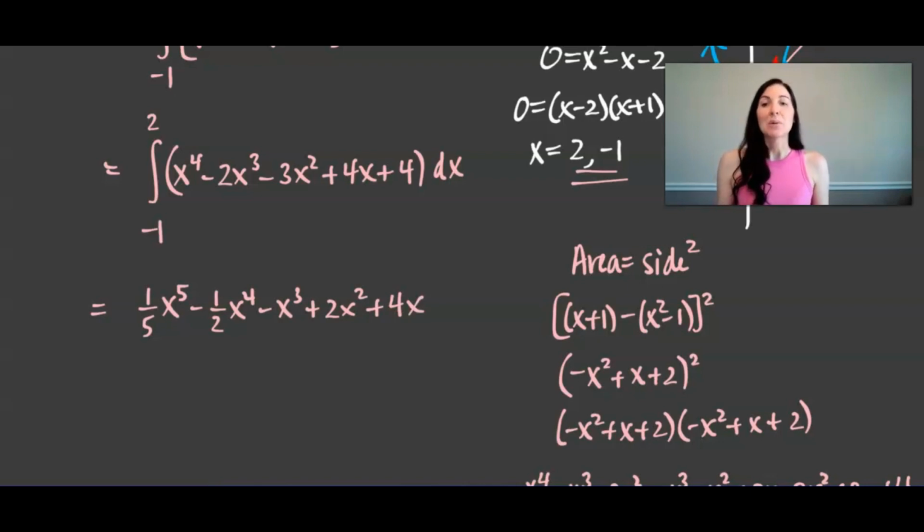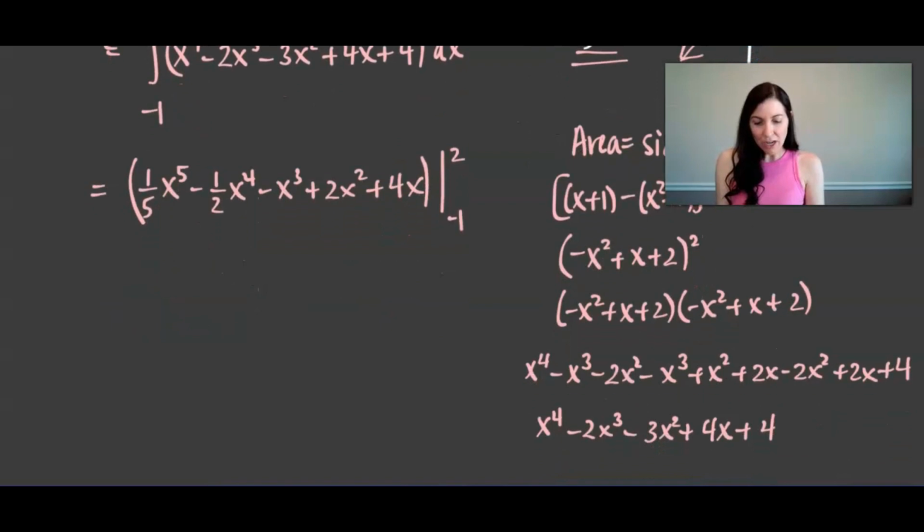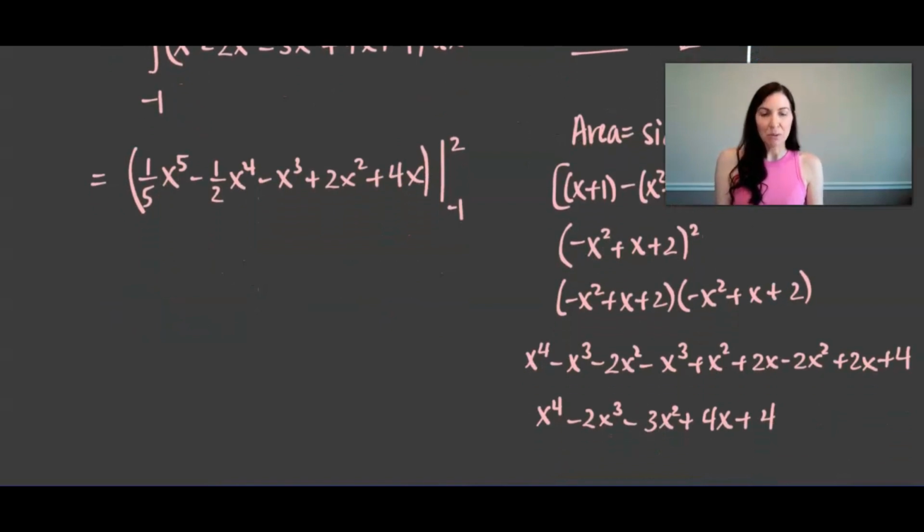So here I have used the power rule for each of these terms. I added one to the exponent and divided, and now I'm going to evaluate this between the x values of -1 and 2. Just a reminder, when solving integrals, I'm going to plug in the top value of 2 into this polynomial and then subtract what I get when I plug in -1 into this polynomial.